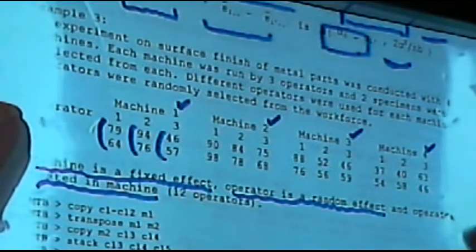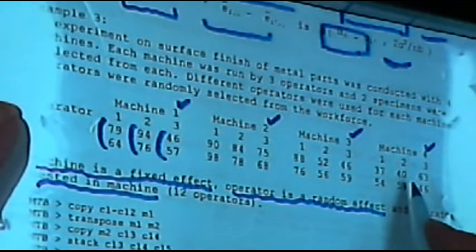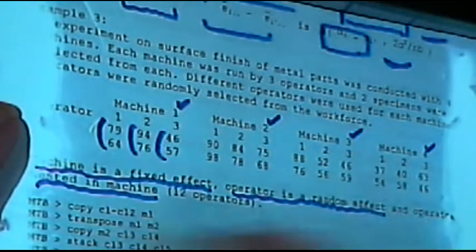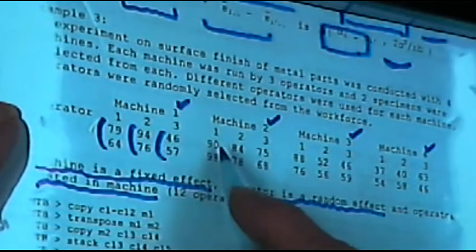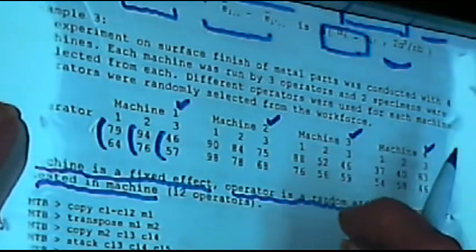There are 12 operators in this experiment, and it looks like there's 3 because of the way I used the numbering here, right? I labeled operator 1, 2, 3, then operator 1, 2, 3, then operator 1, 2, 3, and that's done.